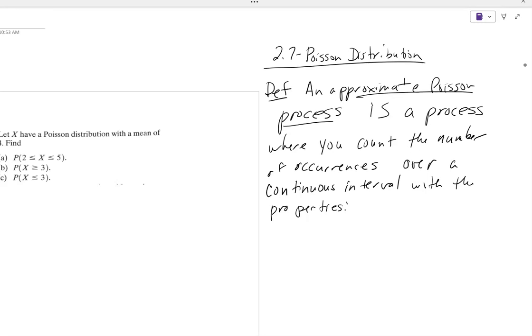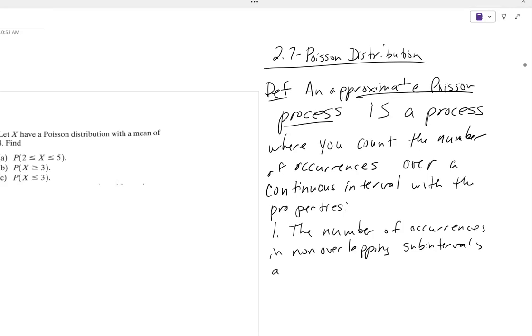So one thing that we're going to assume happens here is that the number of occurrences in non-overlapping subintervals are independent.